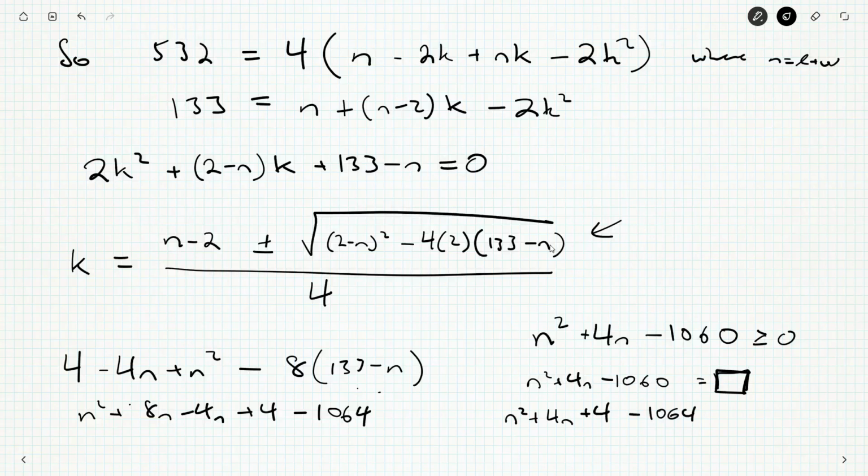Because now I can do, this is n plus 2 squared, minus 1064 has got to be a square. Alright. So there's n plus 2 squared and so on. Interesting, interesting, interesting. Where do we go from here?